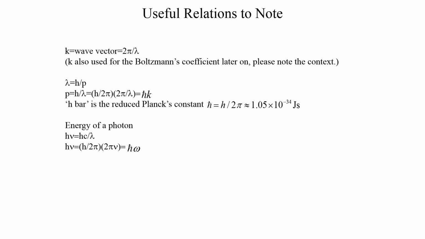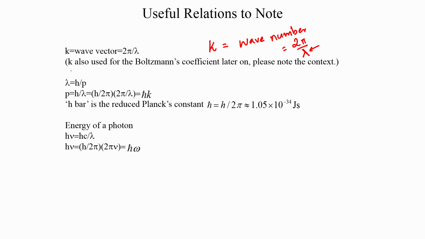So, here I have summarized some useful relations that would serve us well in this course. We have the first variable, which is k, which we will be using in the context of the wave vector or wave number, which is given by 2 pi by lambda. It has a magnitude of 2 pi by lambda, where lambda is the wavelength.